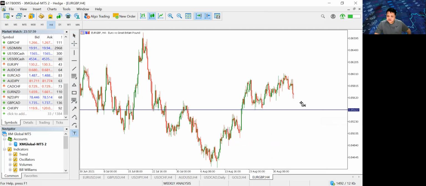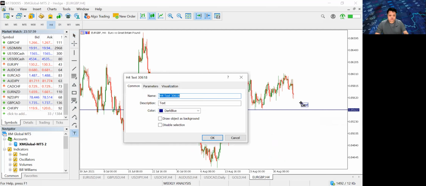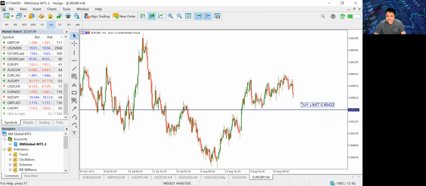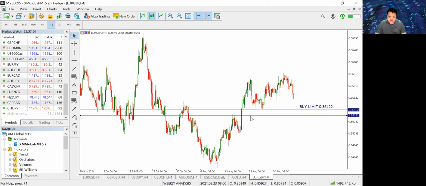Alright? 0.85422. Yan, pwede tayong mag-abang dito. Okay? And then, logically, lagyan natin ng stop loss. So ito, may nakikita akong, yan.